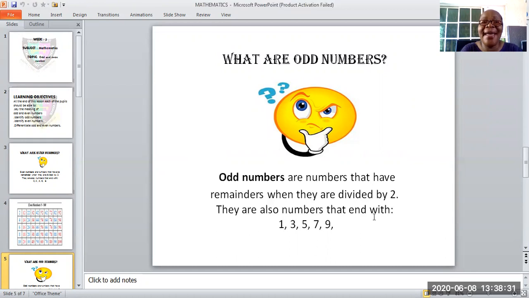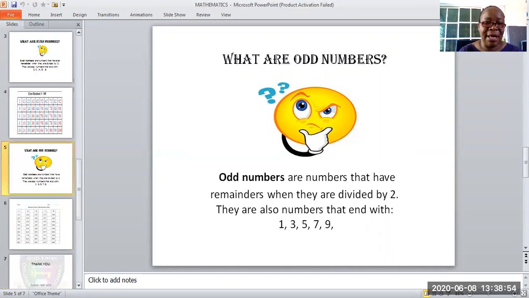So when you write a number of any digits, once it ends with a 1, a 3, a 5, a 7, or a 9, you have an odd number. Let's run that once more.